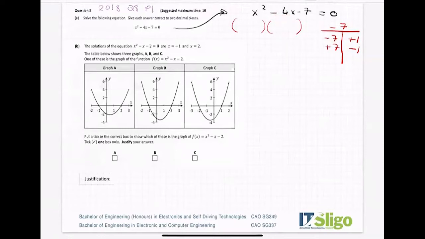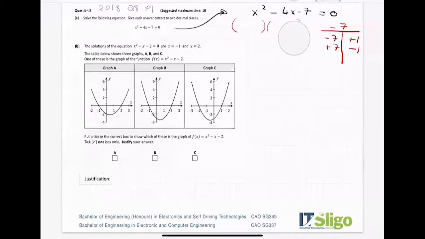That's not minus 4. Plus 7 minus 1 is plus 6. That's not minus 4. It's just that there are no whole number factors of minus 7 that give you minus 4. It's decimal places, it's fractional numbers. So it's too hard to solve a quadratic when it's not whole numbers.